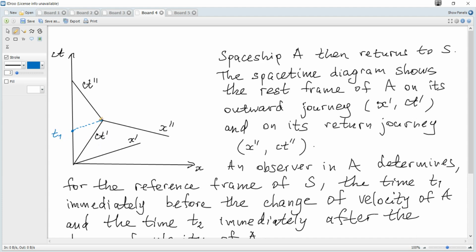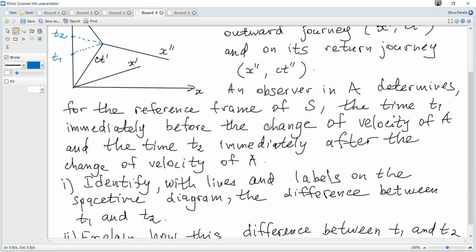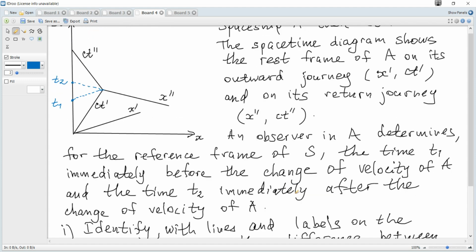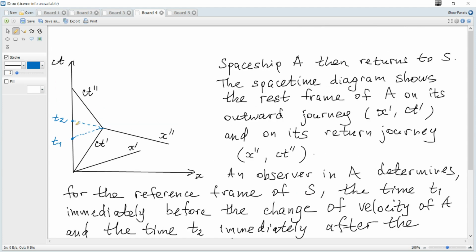Immediately after, it's this point, with a line parallel to this, and it's t2. And the difference is this time interval.